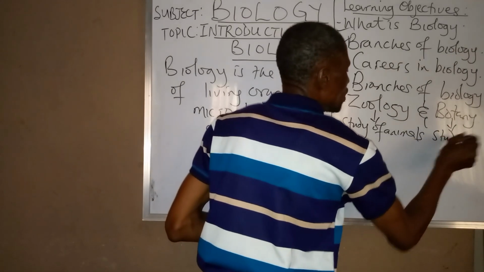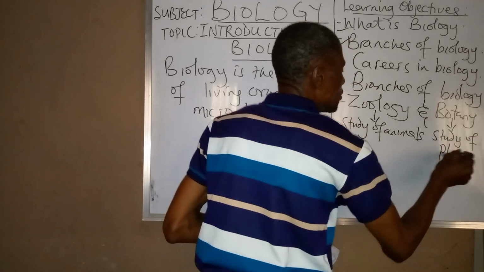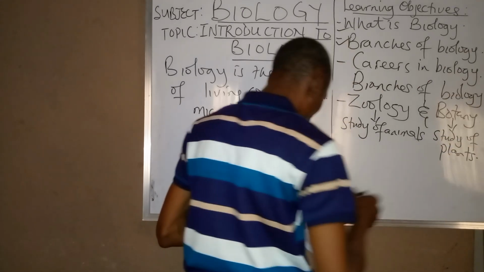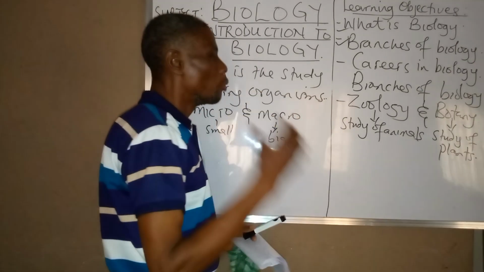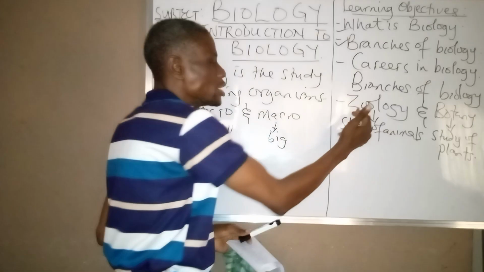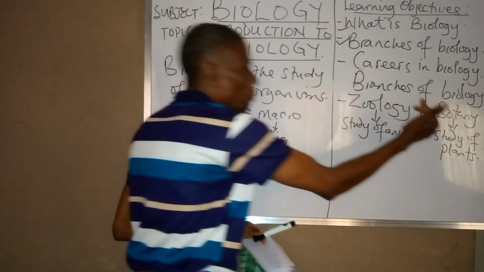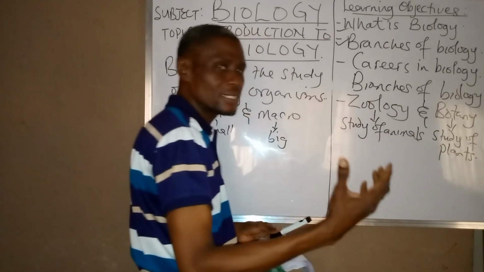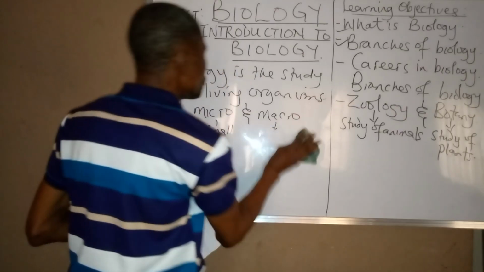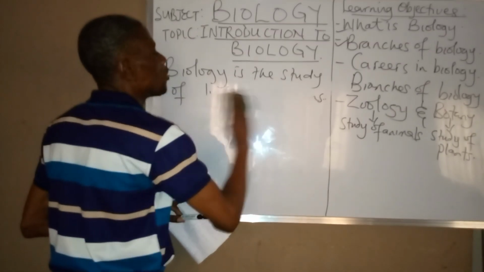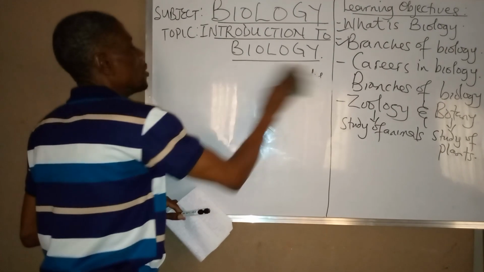That is why we say these are the two main branches of biology, botany and zoology. Zoology is related to the study of animals, botany is for the study of plants. We have other branches of biology too, such as what we call morphology.